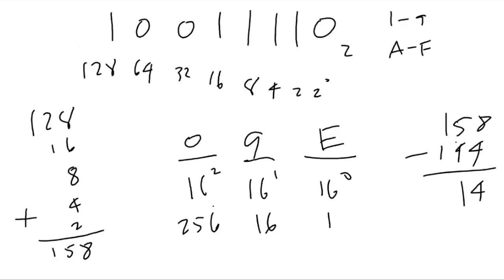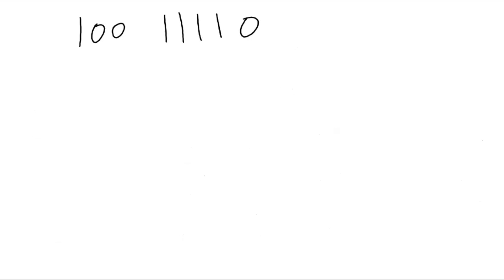Here's our same number. The way you can think of this, if you're dealing with binary to hex, is you can group things in groups of 4. So here's a group of 4 numbers, and here's another group of 4.